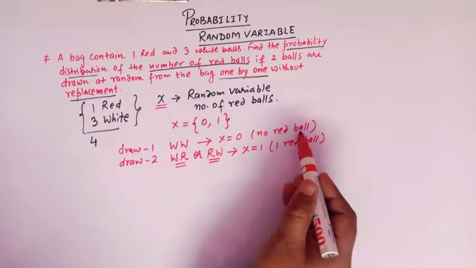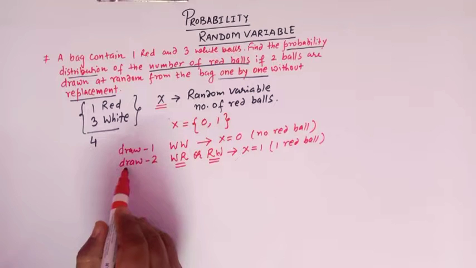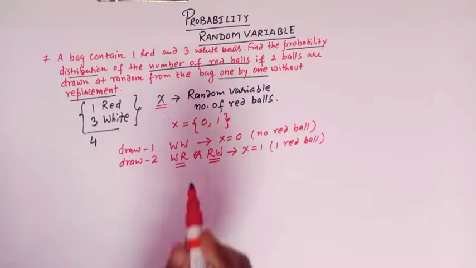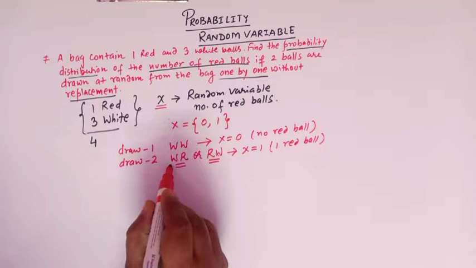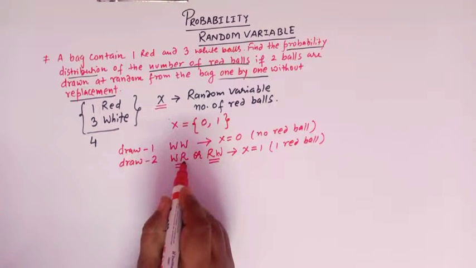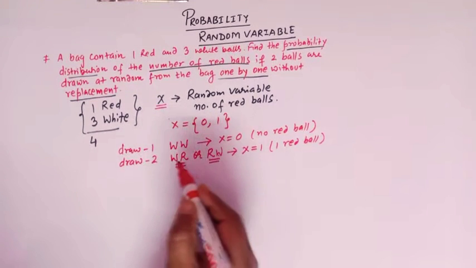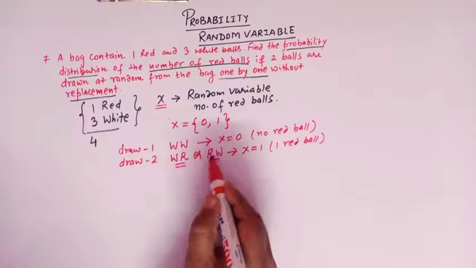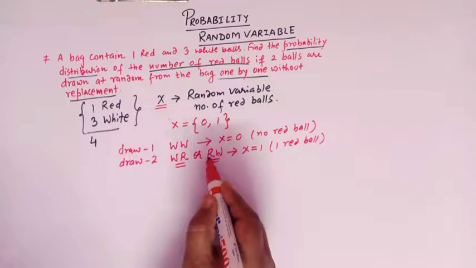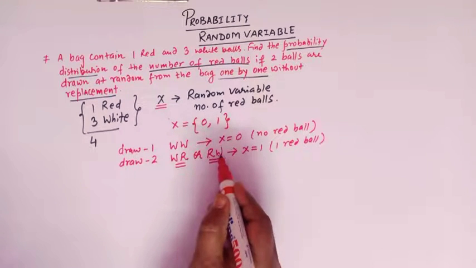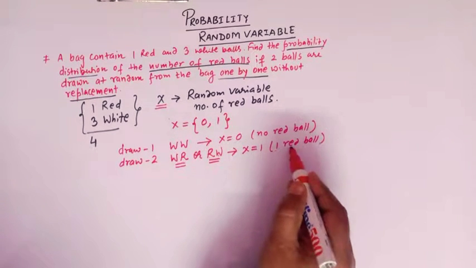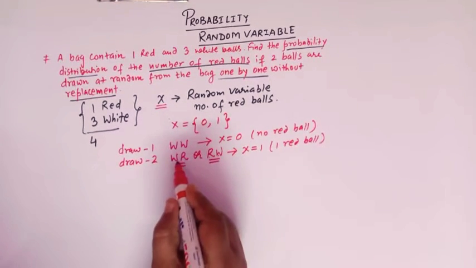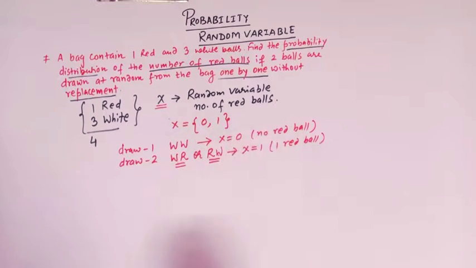It means no red ball is drawn. In the second case, that is draw number 2, either we may have the first ball as a white ball and the second ball as the red ball, or we may reverse the case, that is in the first draw we may have the red ball and in the second case we may have the white ball. So in both the cases we have one red ball, right? So both these cases correspond to x is equal to 1.